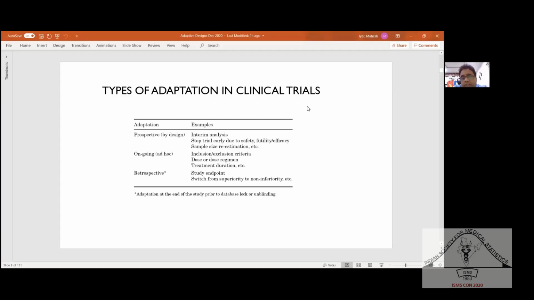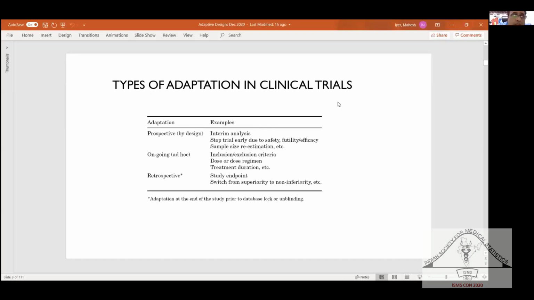Okay, the first is, let us say you were going against a drug A, which is in the market, and your drug B. Okay, and now drug A has shown that it is better than placebo because of a particular endpoint. Let's take one of the studies I worked on, which was for chronic myeloid leukemia.